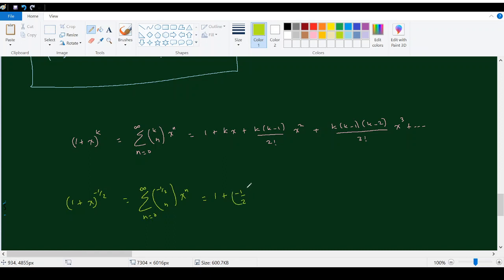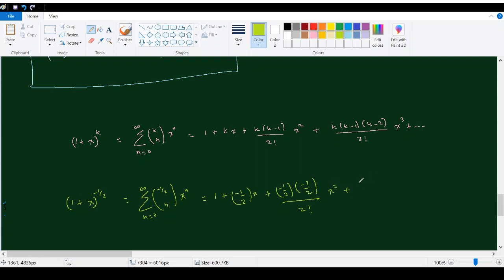So we have 1, then k x, and then we have -1/2 times (-1/2 - 1), which is negative 3 over 2, right, divided by 2 factorial, x to the power 2.